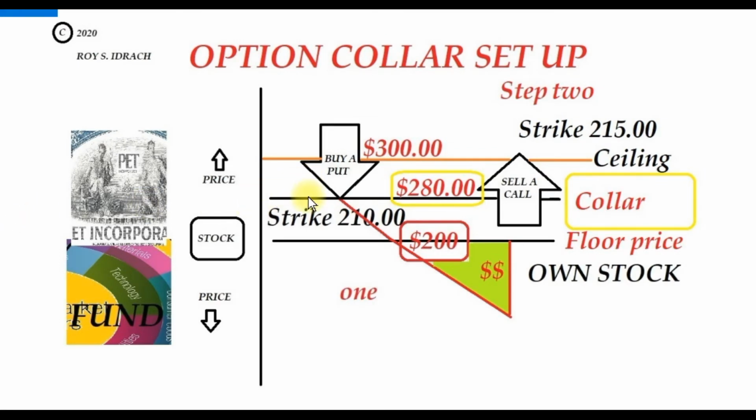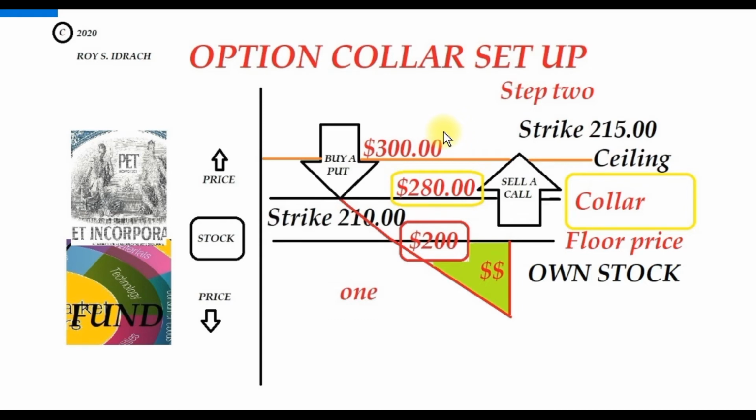So in case you're getting confused, let me go over one more time. You're going to do a collar strategy. You buy the stock at 200, and you go ahead and buy a put in case the price goes down, and it costs you $300. Right here, $300.